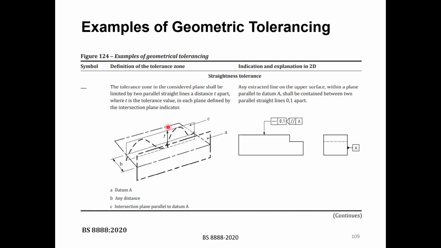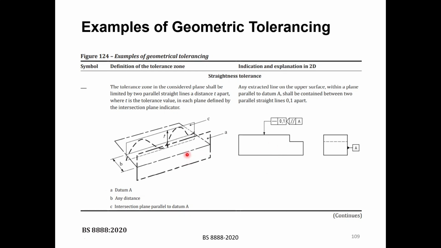This here shows you some details. So we're talking about the straightness of this line here, or this edge. And the meaning of this feature control frame is that this surface here is datum A, small a here means datum A, which is obviously this surface.